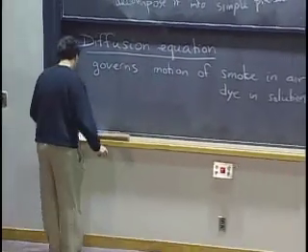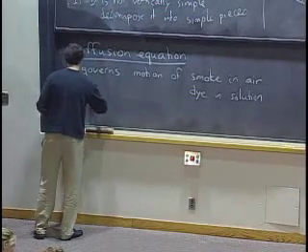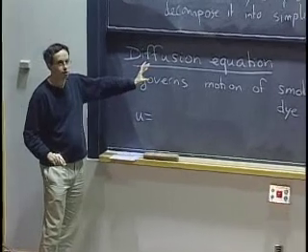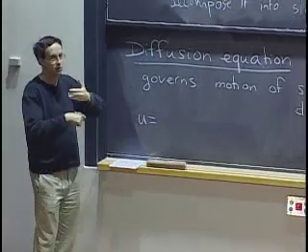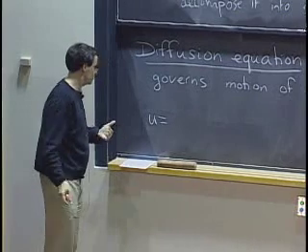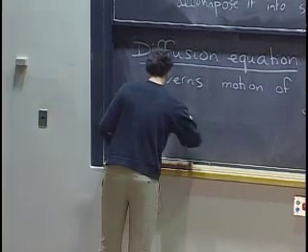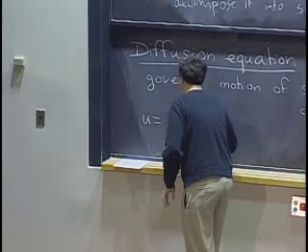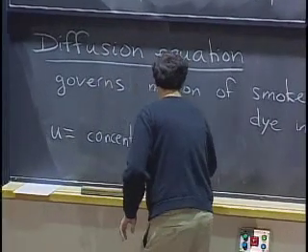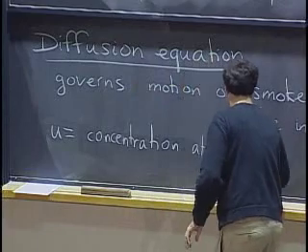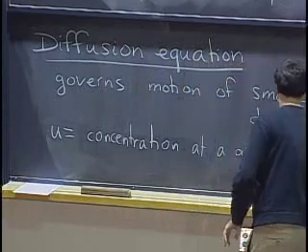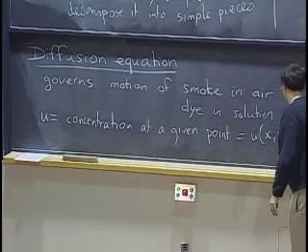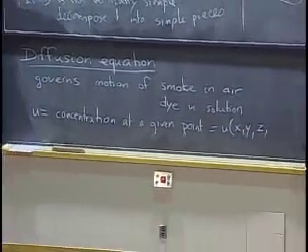So what's the equation? Well, we need first to know what the unknown will be. So it's a partial differential equation. Okay? So the unknown is a function, and the equation will relate the partial derivatives of that function to each other. So u, the unknown, will be the concentration at a given point. And of course, that depends on the point where you are, so that depends on x, y, z, the location where you are.